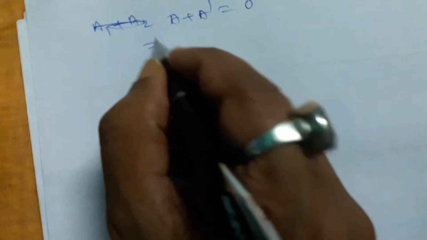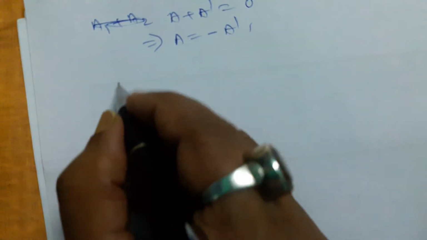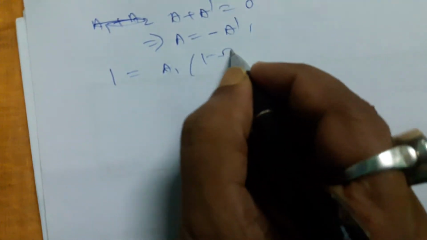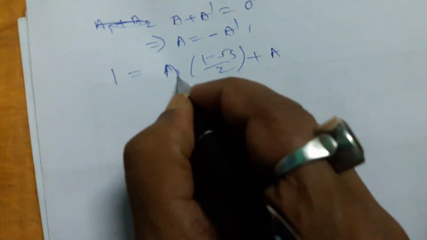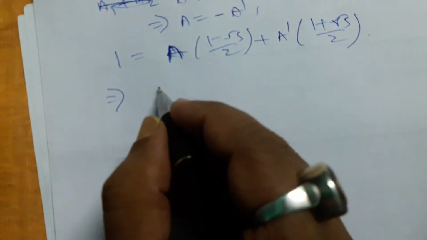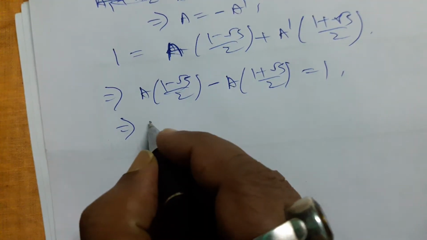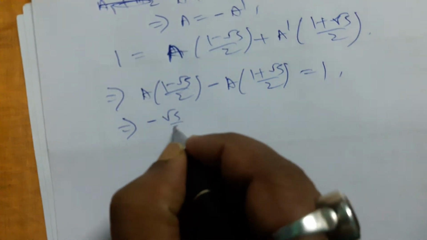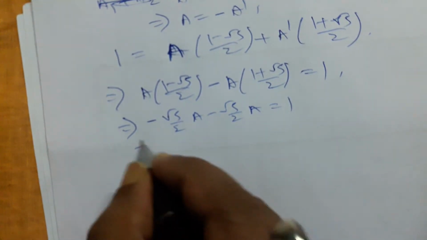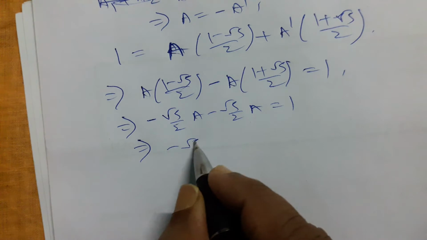From a plus a' equals 0, we get a equals minus a'. Substituting, a times (1 minus root 5)/2 minus a times (1 plus root 5)/2 equals 1. The terms a/2 cancel, leaving minus root 5 a equals 1.